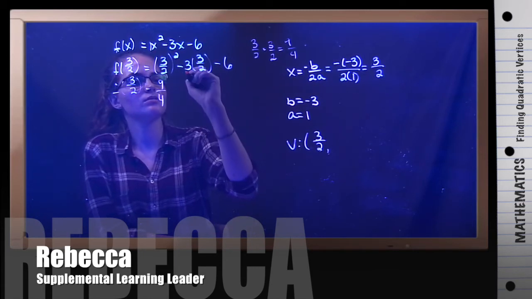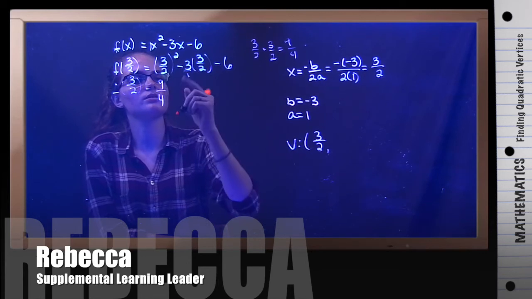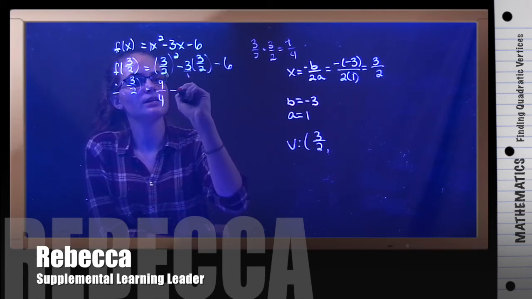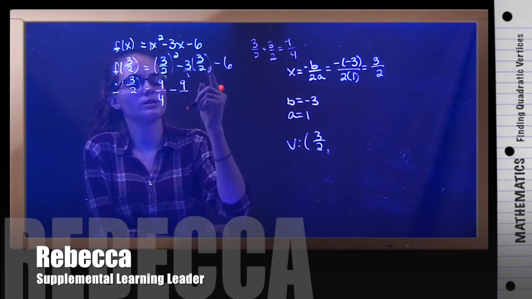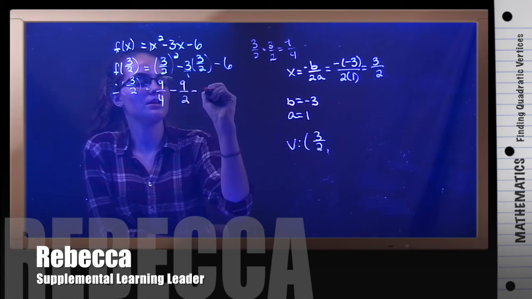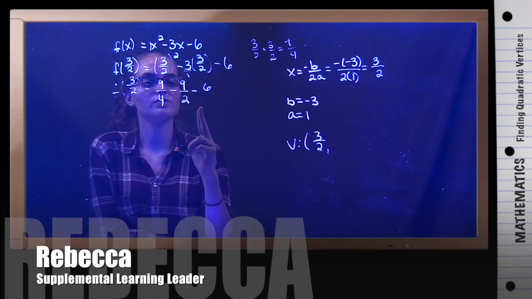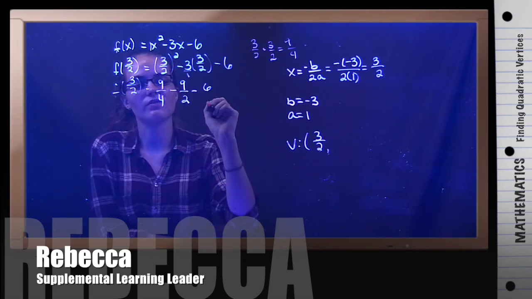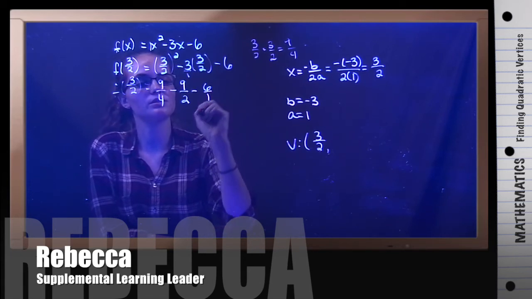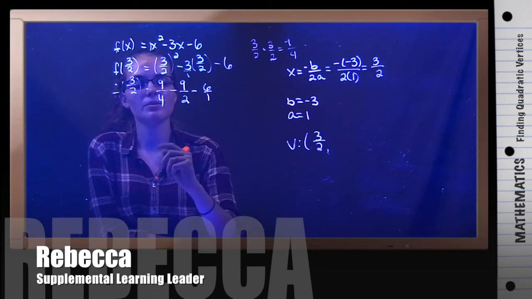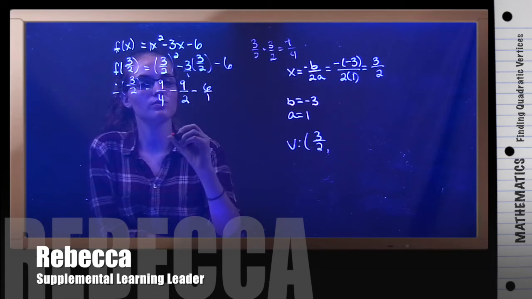Now negative 3, you can say that's negative 3 over 1. Negative 3 times 3 is negative 9. 1 times 2 is 2. Minus 6. Okay, now to add all of these fractions, you have to make sure that they have the same denominator. So I'm going to put this 6 over 1. The common denominator between 4, 2, and 1 is 4.